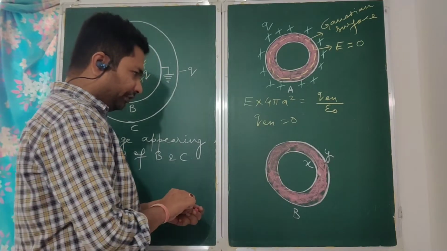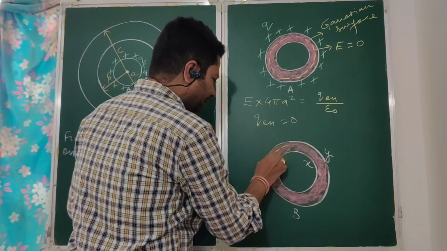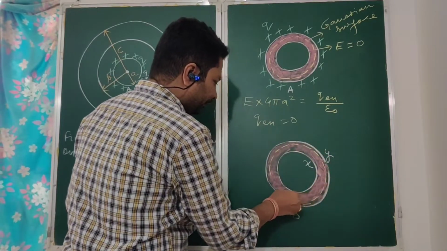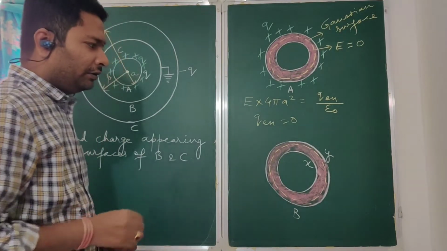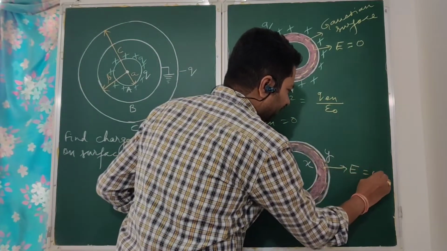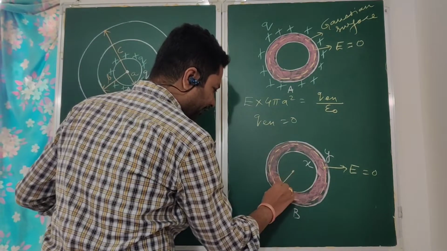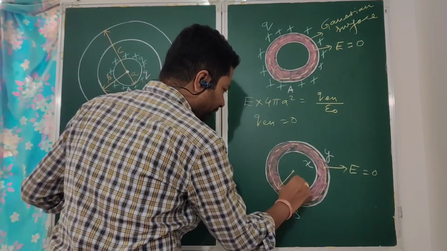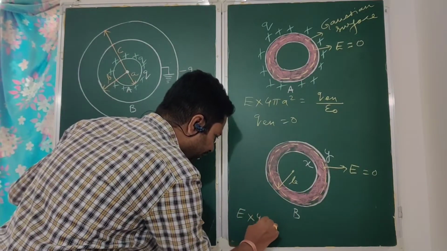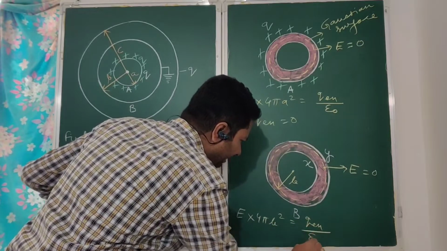Now we again draw an imaginary Gaussian surface in the material of this sphere. Again, what is the electric field here? At any point in the material, the electric field will be 0. The radius is almost b. So again you can write E into 4 pi b square is equal to q enclosed by epsilon naught.